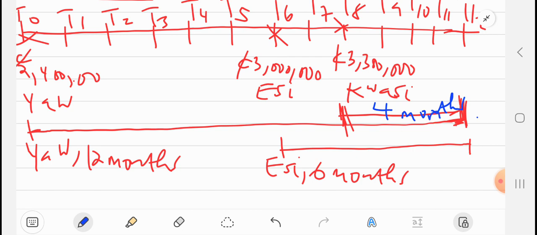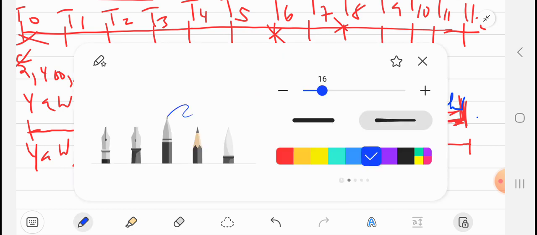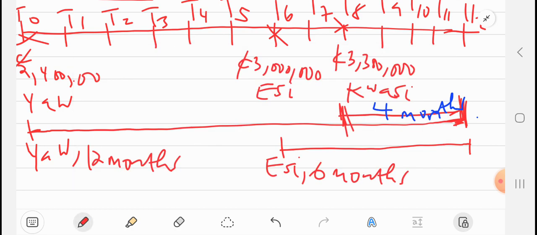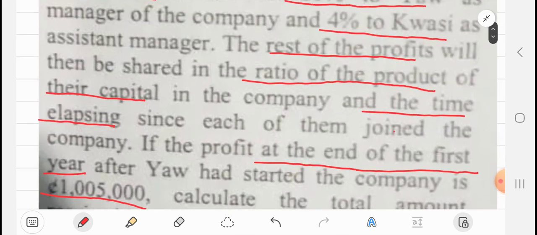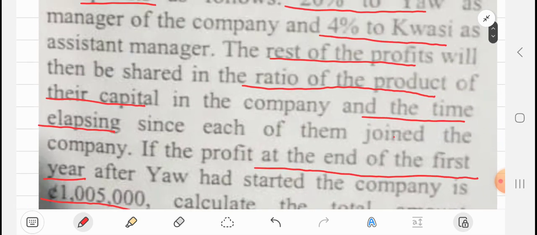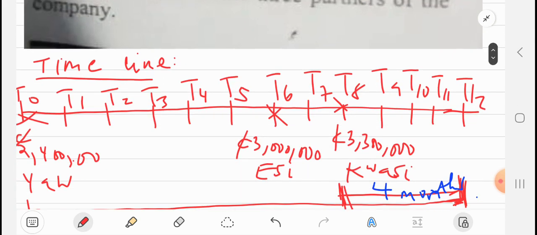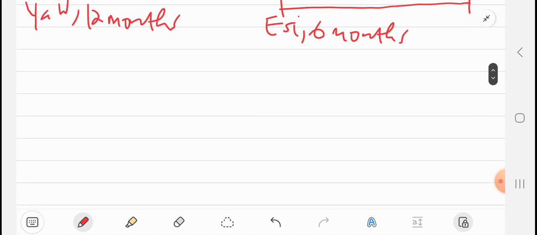Okay, now we proceed as follows. So we proceed to analyze this part of the question, where they said the rest of the profits will be shared in the ratio of the product of their capital in the company and the time. Ratio of the product of the capital and the time.